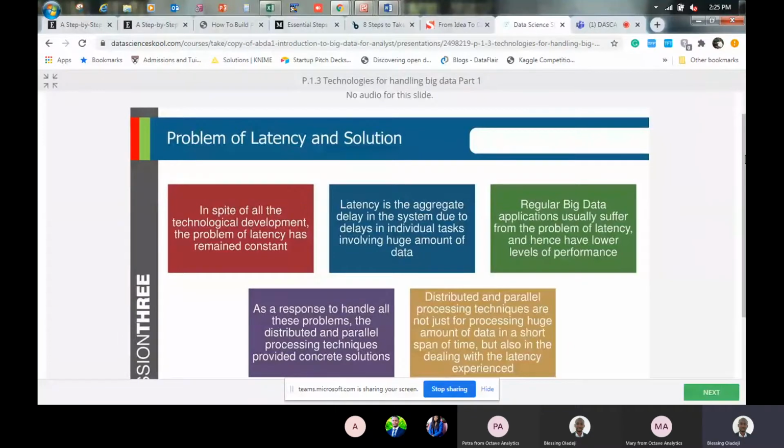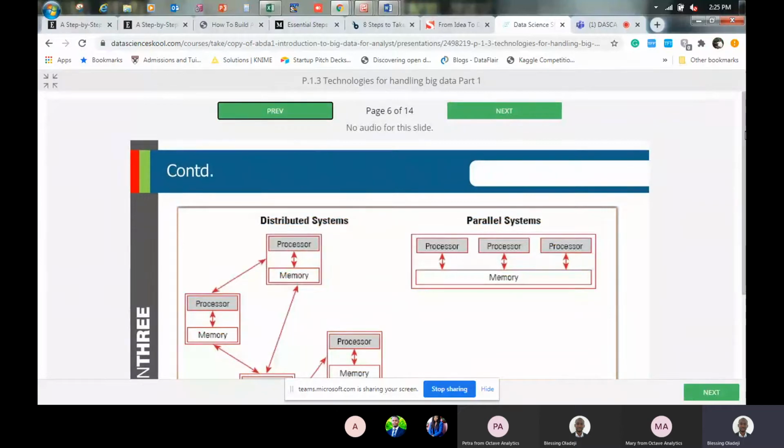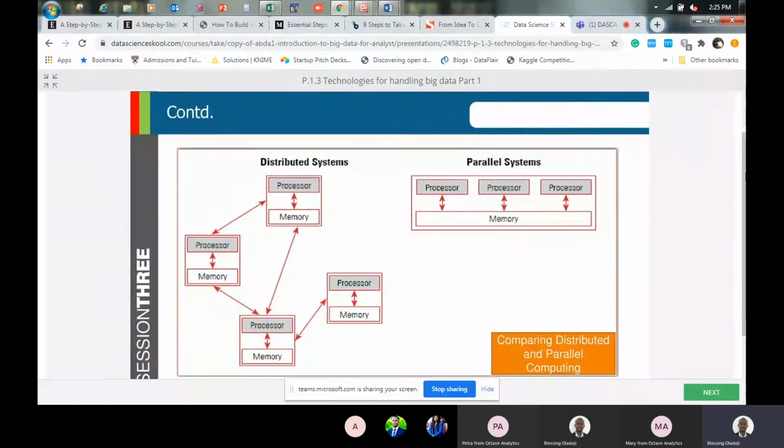So again, how computer works, I'll come back to this diagram. As I said yesterday, if we were in the classroom, maybe I would be drawing some diagrams on the board. So how computer works is that if there's a job that needs to be done, the job goes between the disk.